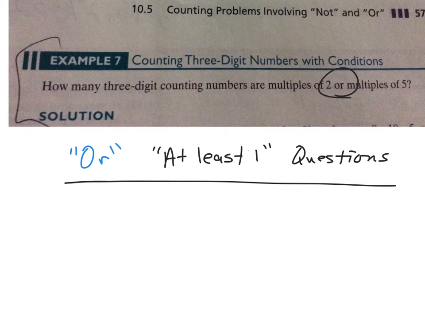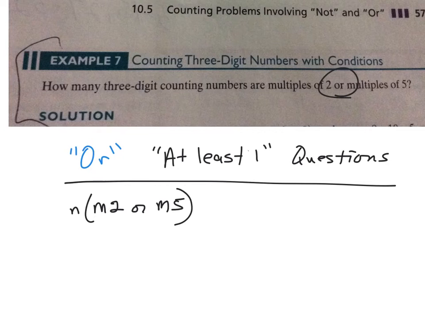So the first thing we got to do these problems well is read. We have to figure out what it is that we're dealing with here. And this is an or problem. If it's an or problem, we're going to use the or formula. So what am I looking for here? The number of 3-digit numbers that are multiples of 2 or multiples of 5.